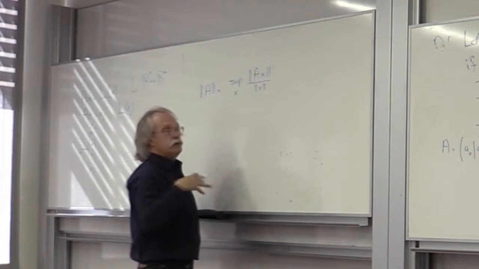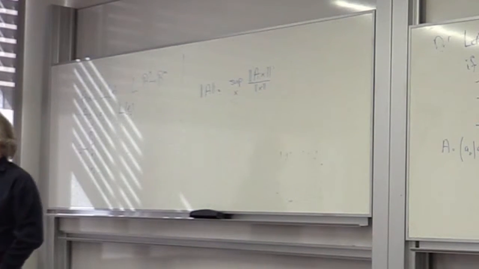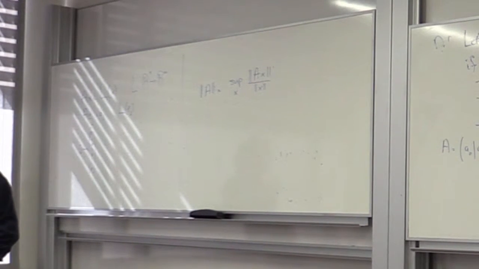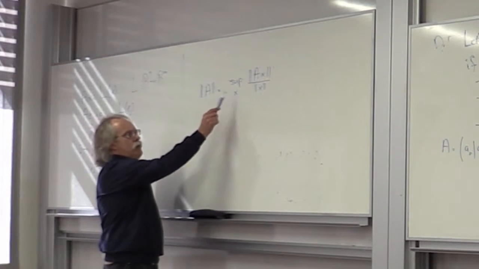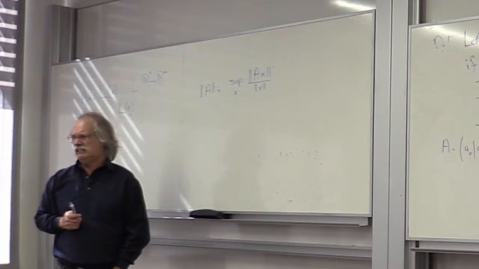Now, I'm leading up to the definition, okay? So we're not there yet. Can I take the supremum over all x like this? Better leave the zero vector out, right?